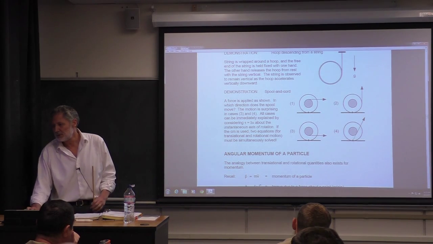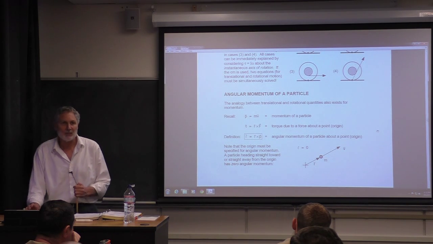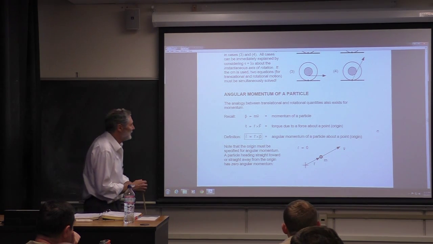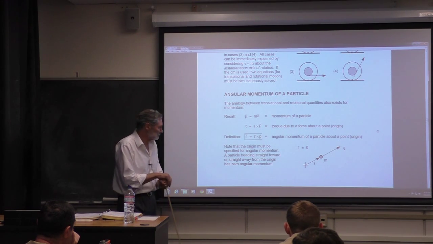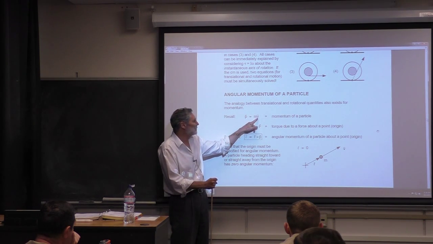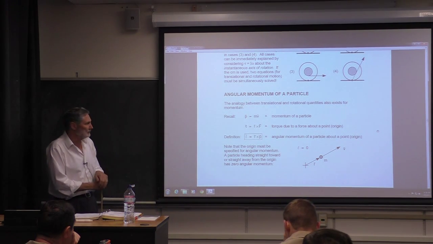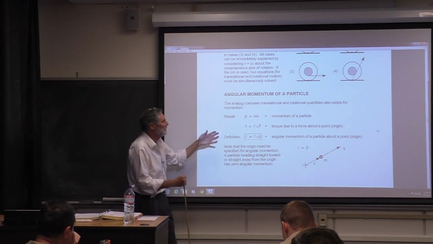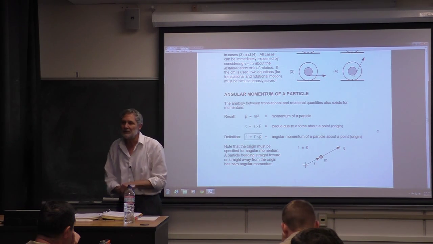Okay, so now we're going to talk about angular momentum. This is analogous to linear momentum, or momentum of a particle, which we define to be the mass times the velocity. And this is going to be useful in the same way that linear momentum is useful to solve some problems.